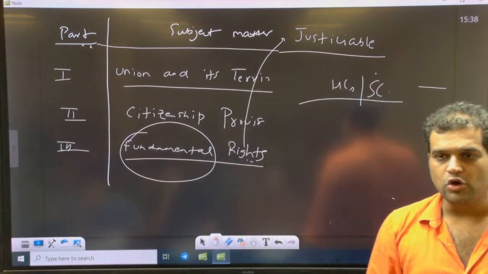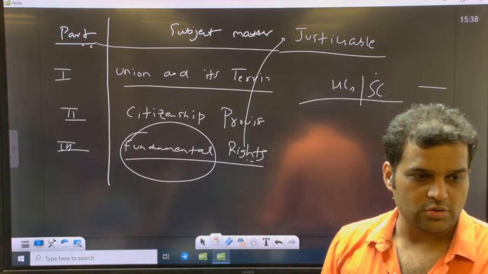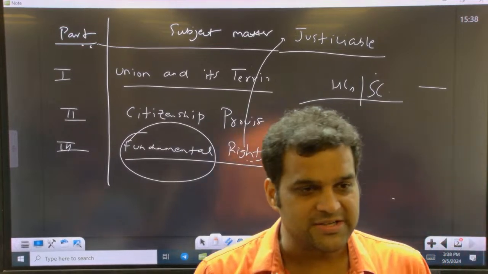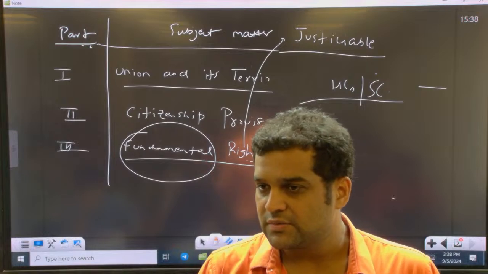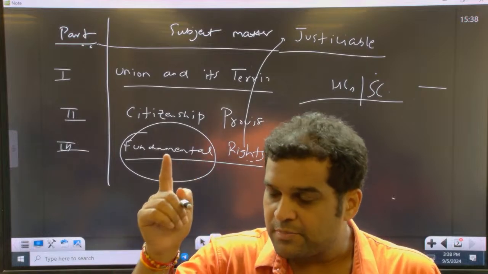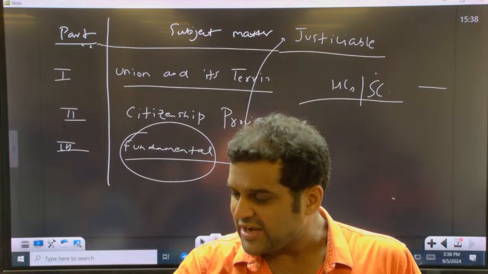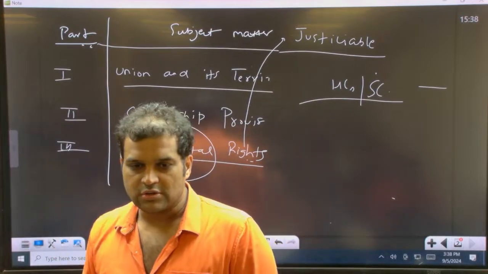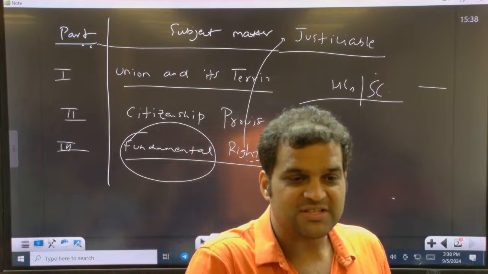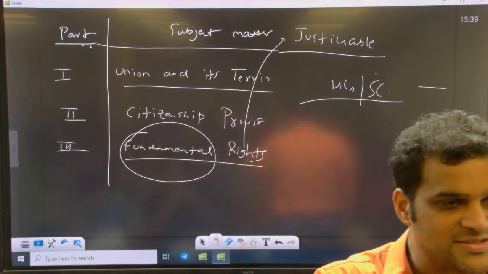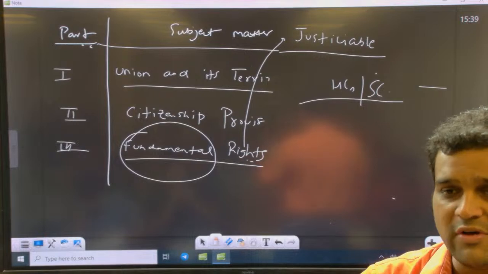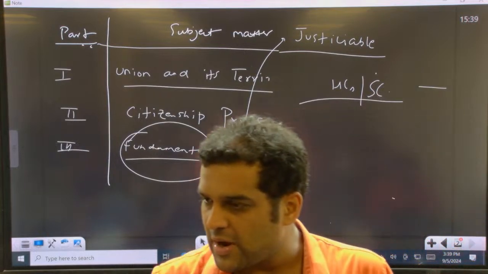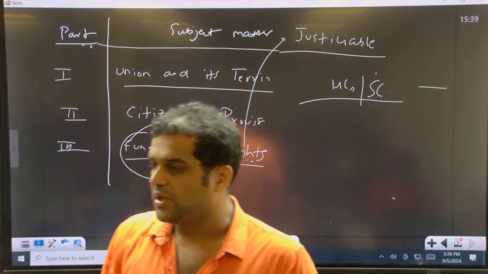These rights, every citizen's rights, are protected forever at every given point of time by our Constitution. All right, and hence the term justiciable is used. That fundamental rights are justiciable. No one can dare to take your or my fundamental rights away from me or you.